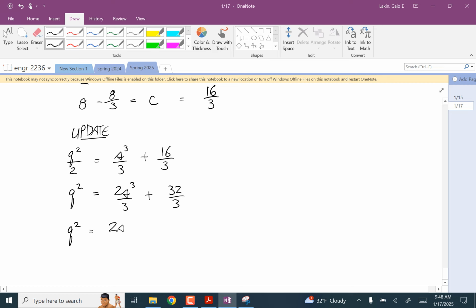So that's 2s cubed plus 32 over 3. Take the square root. We're dealing with positive Q and positive S, so we'll take the positive answer.